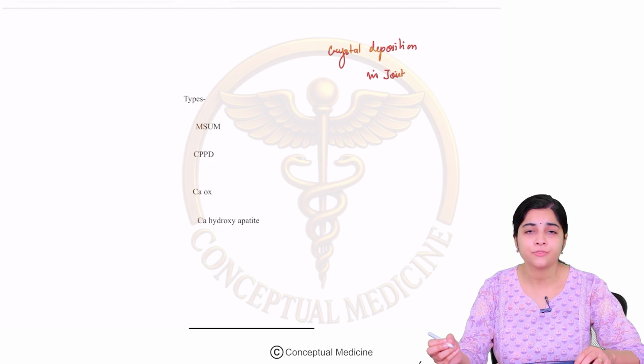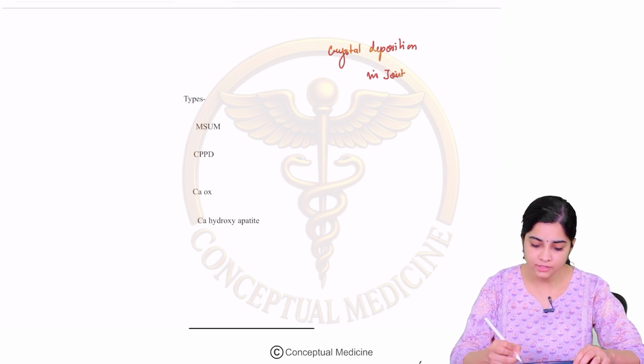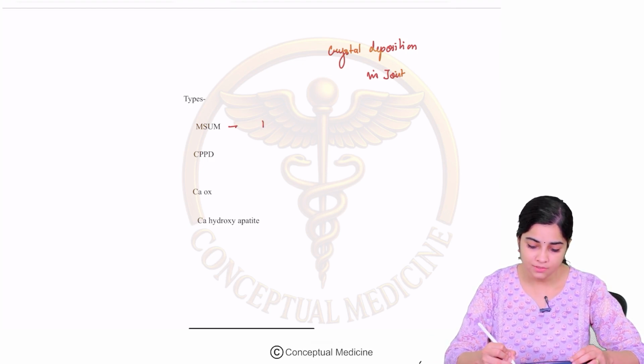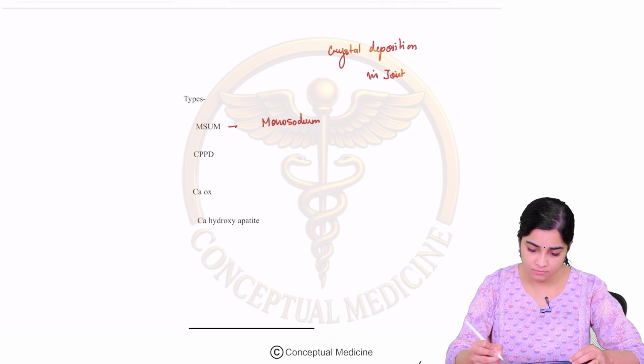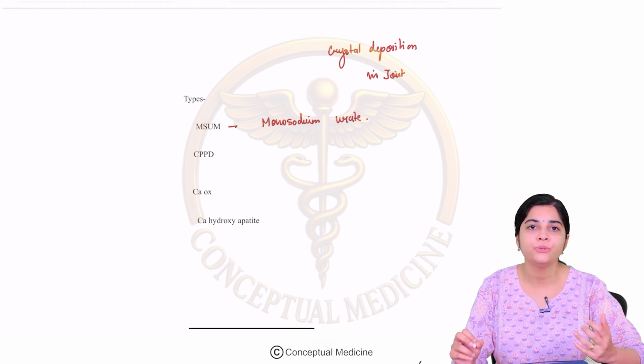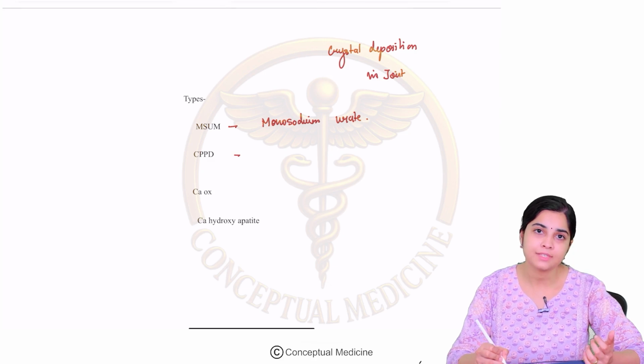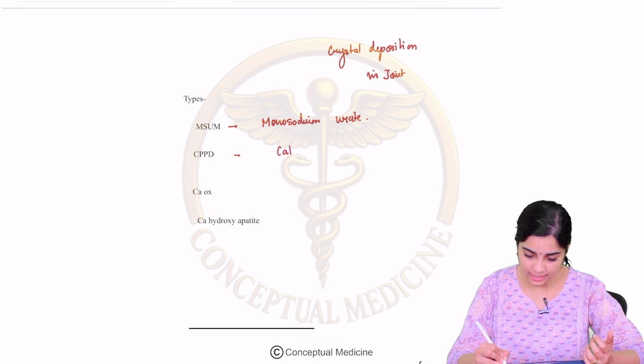So what are the types of crystals which can get deposited in the joint? The most common or frequently encountered one is monosodium urate crystals. Okay, so uric acid, monosodium urate crystals, is the most frequently encountered one. Then we have CPPD, which is calcium pyrophosphate deposition.